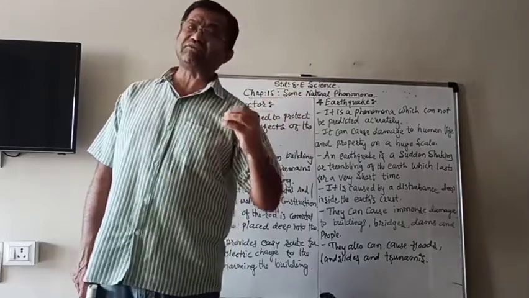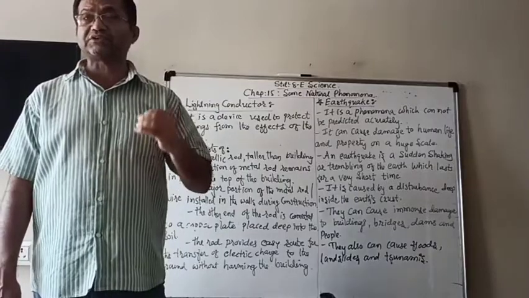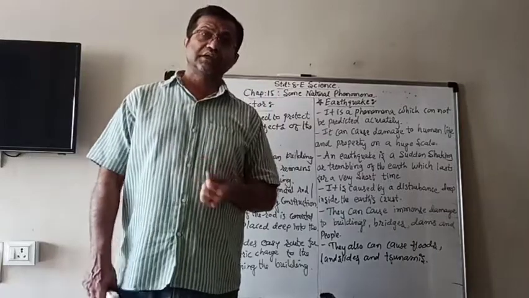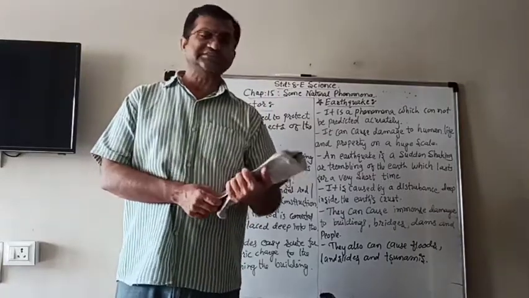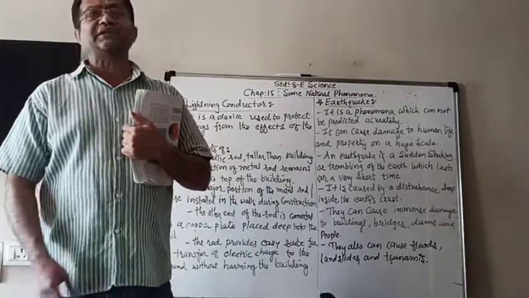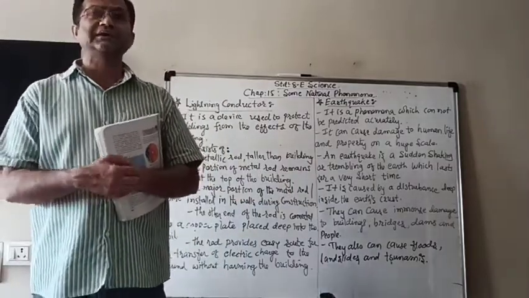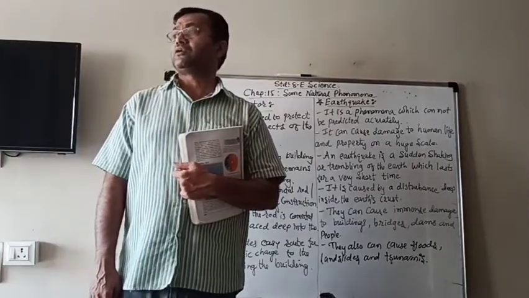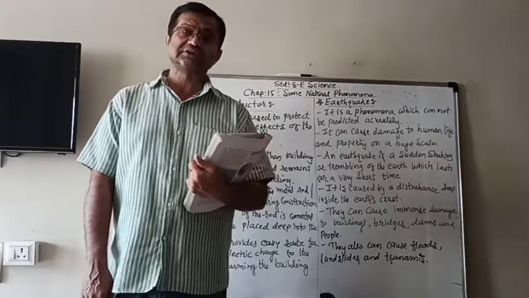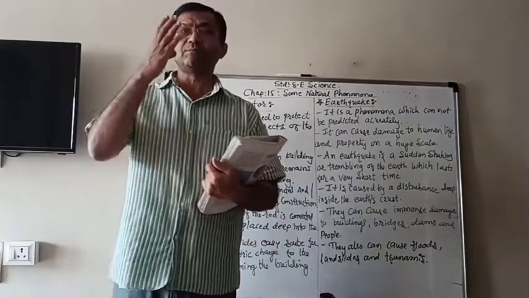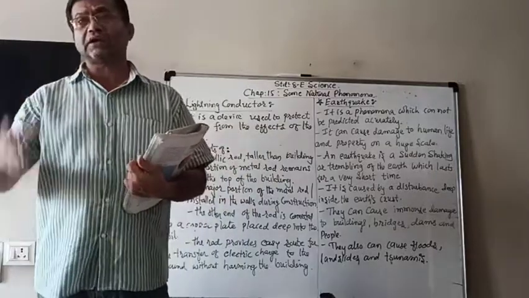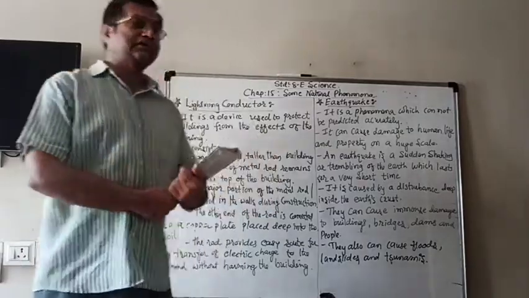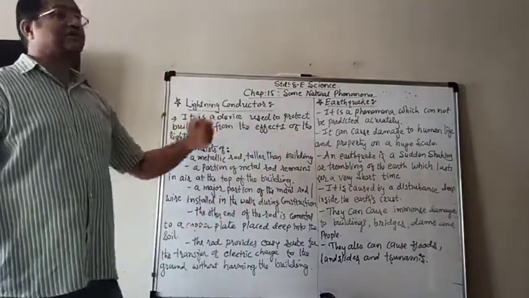Now there is a device that can protect the building also from lightning, because if lightning falls on the building, it can damage the building. You can use this device when you build your house or apartments, and it is known as a lightning conductor.